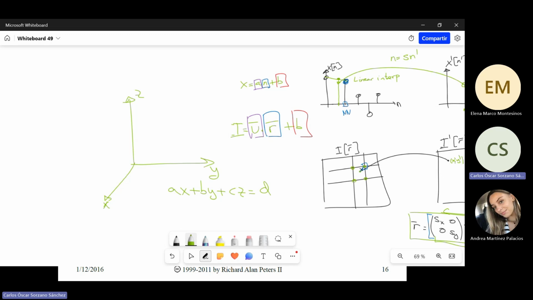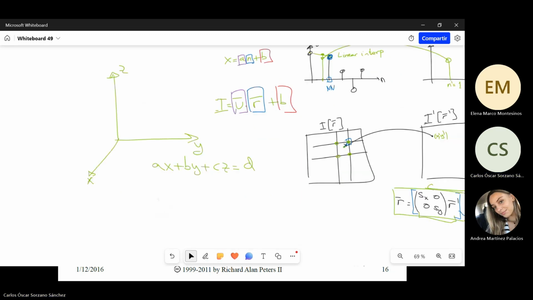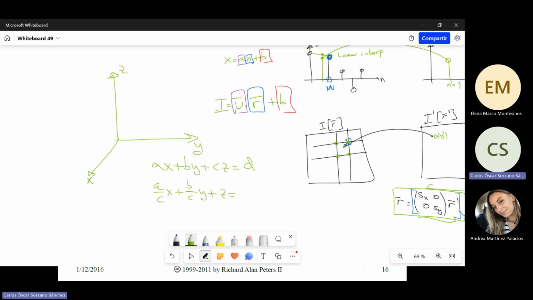This is the equation of a plane that you know. But you can rewrite it in this way: a divided by c, x, plus b divided by c, y, plus z, equals b divided by c.